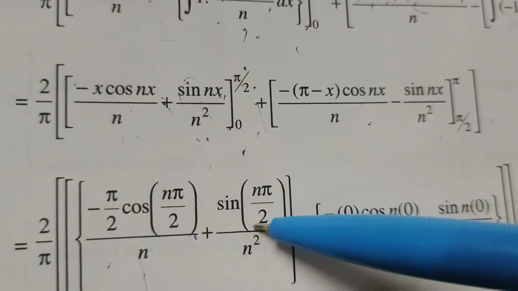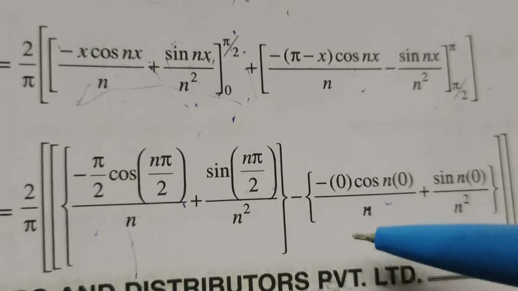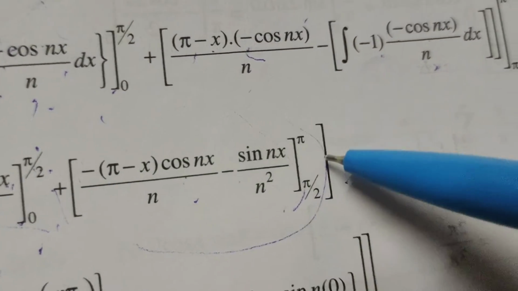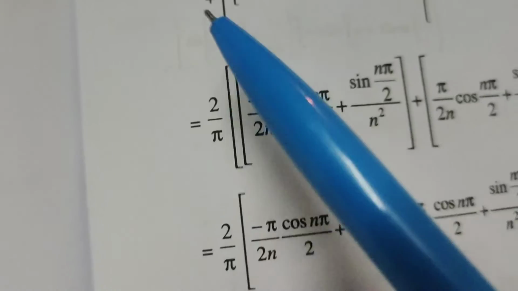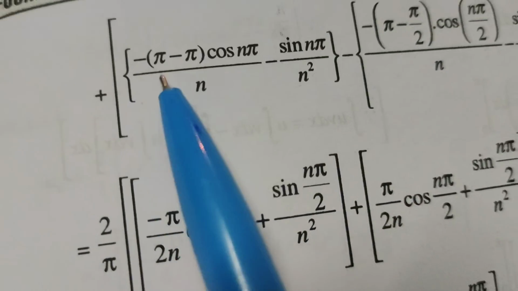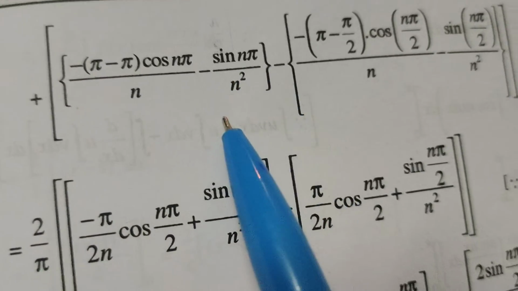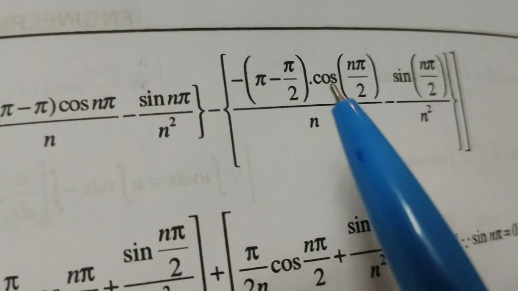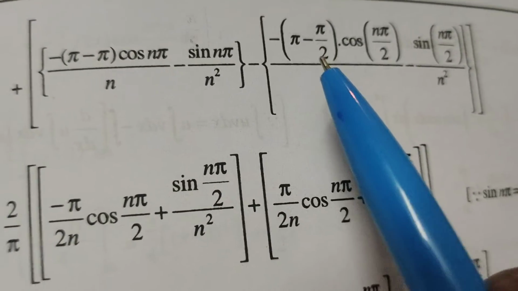First of all, substitute upper limit in this term and lower limit in this term. Here, upper limit means pi, so minus of (pi minus pi) cos n pi by n minus sin n pi by n square. Okay, here lower limit means pi by 2, so in place of x put pi by 2.